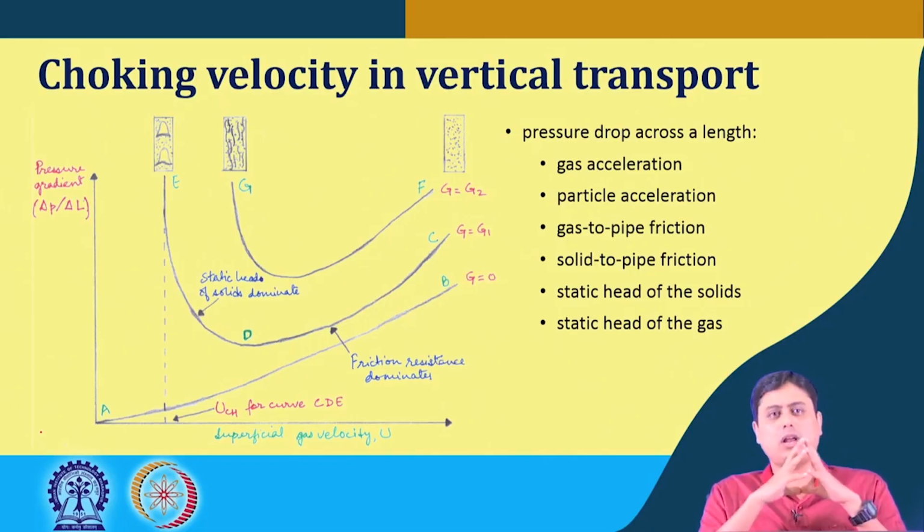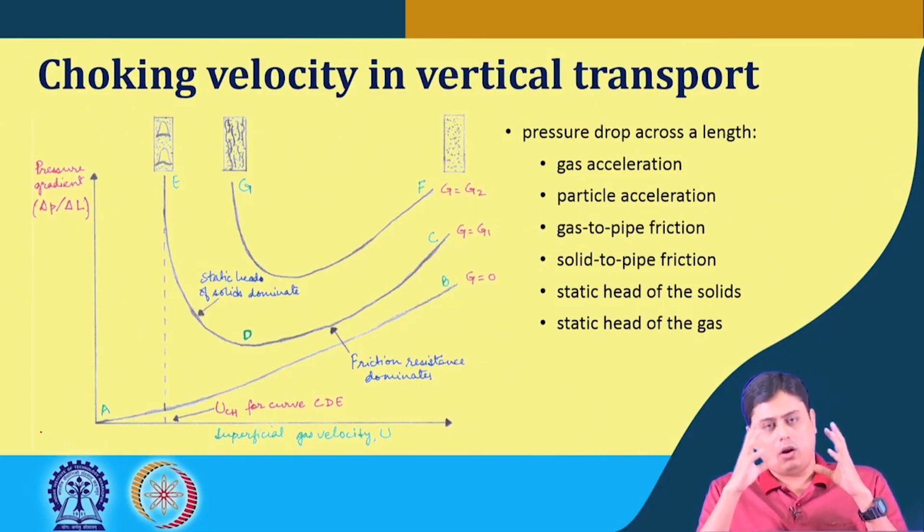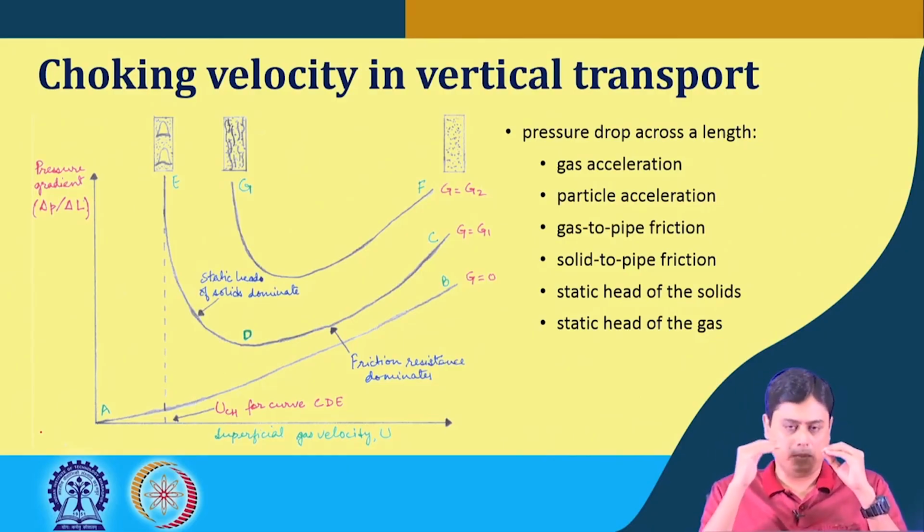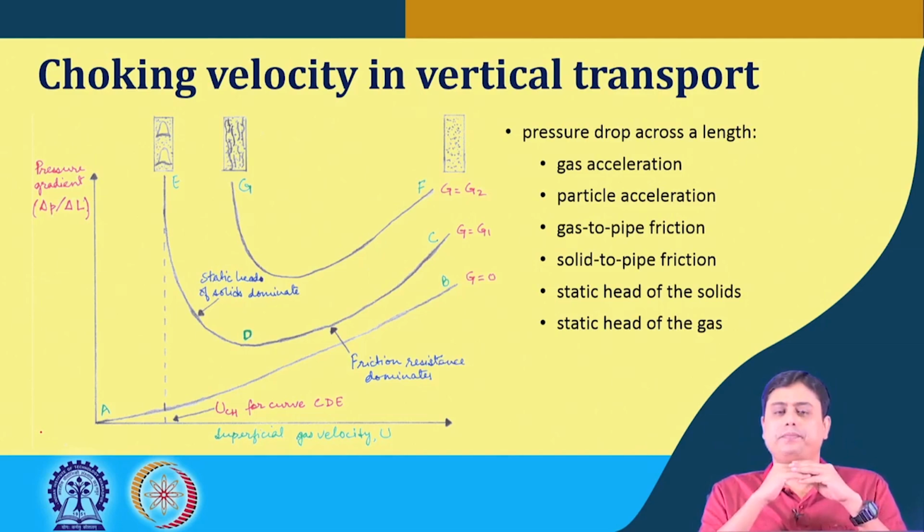In case of horizontal flow, that velocity we mention as the saltation velocity. So, in the horizontal case it is the saltation velocity, and in case of vertical flow we mention this critical velocity as the choking velocity.